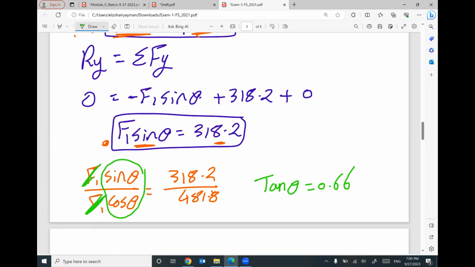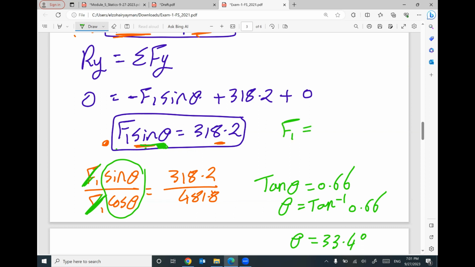If you take the inverse tan of your answer, your angle theta will equal inverse tan of 0.66. Your angle theta will equal 33.4 degrees. Now that we have angle theta, I can go back here and put theta equal to 33.4 to find the value of F1.